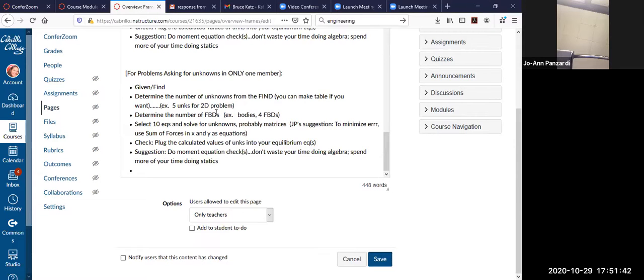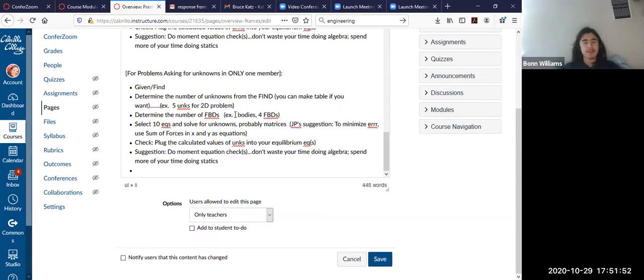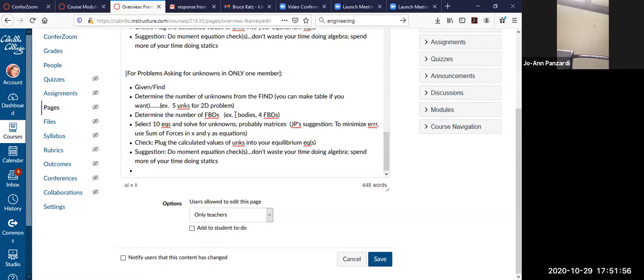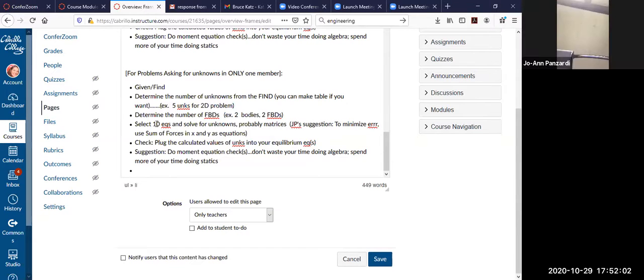So if there are 5 unknowns, how many bodies do we need? Somebody call it out. 5. If there's 5 unknowns, there's 5 equations. Right, so how many bodies do I need? 2. Okay, but I need 5 equations, right?